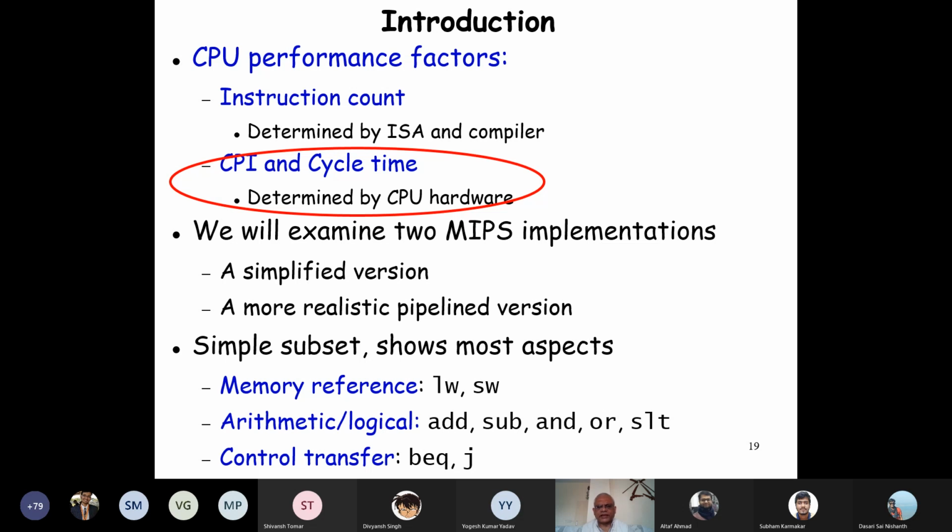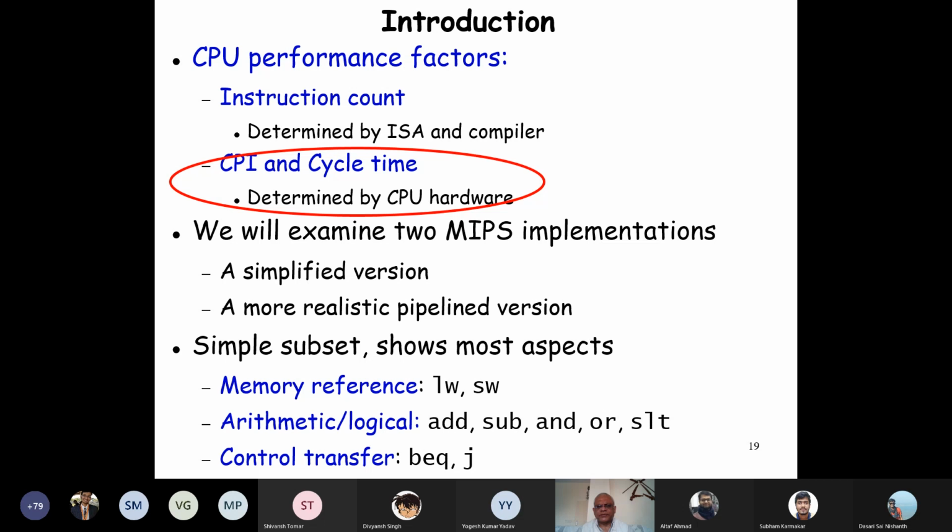These are two major factors which influence the performance of the hardware. And as we discuss the hardware implementation of the instructions today, we'll see what will be the CPI, cycle time, what are the factors that are coming here and so on. So that's the focus today.